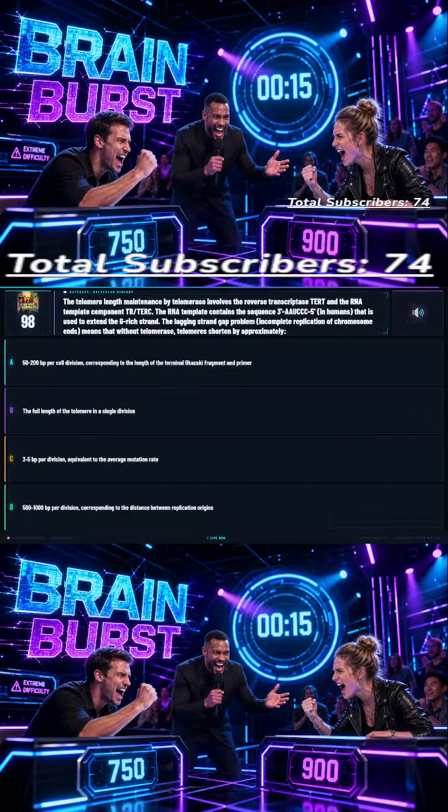Option B, the full length of the telomere in a single division. Option C, 3 to 5 bp per division, equivalent to the average mutation rate. Option D, 500 to 1000 bp per division, corresponding to the distance between replication origins.